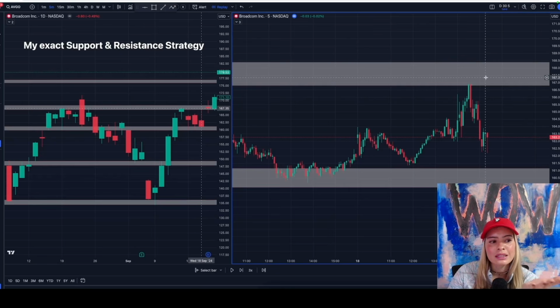And that, guys, is how you manage a trade when it comes to using levels. You have your market structure that we saw in the previous video. We have how to read the candlesticks, and then now we have how to use levels to enter, hold, and exit a trade. Pretty simple.